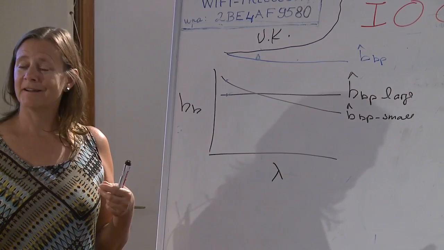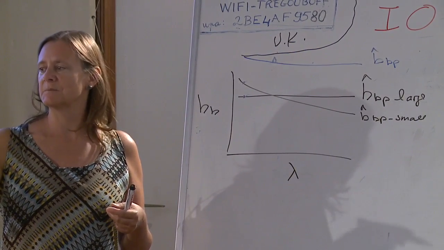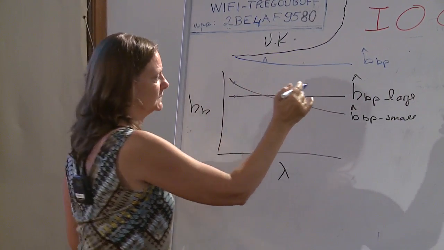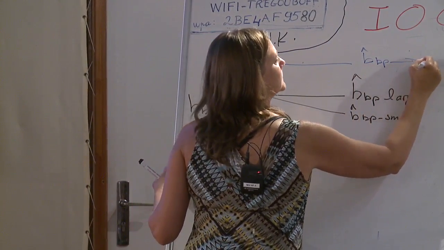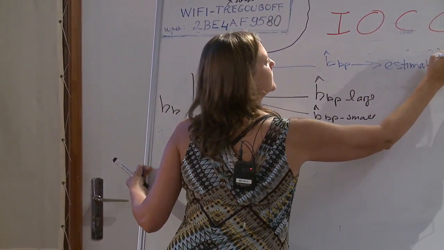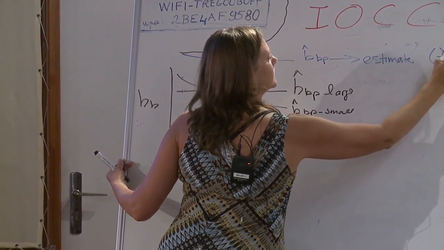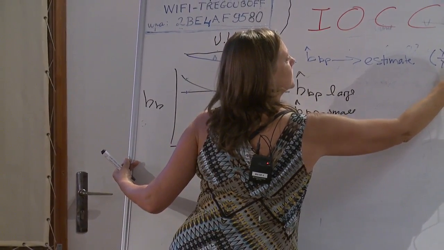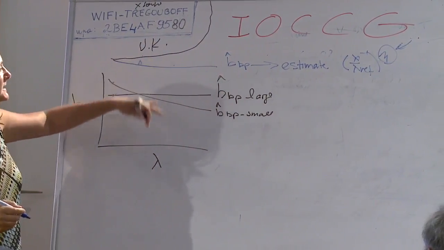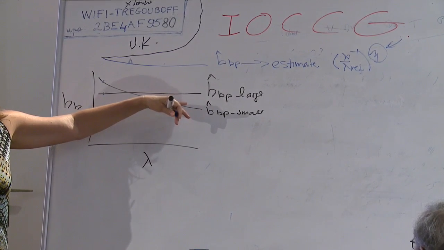Well, the cool thing there is then you can estimate eta. You can estimate the power slope of the sum. You'll find that it's something between -1 and 0.